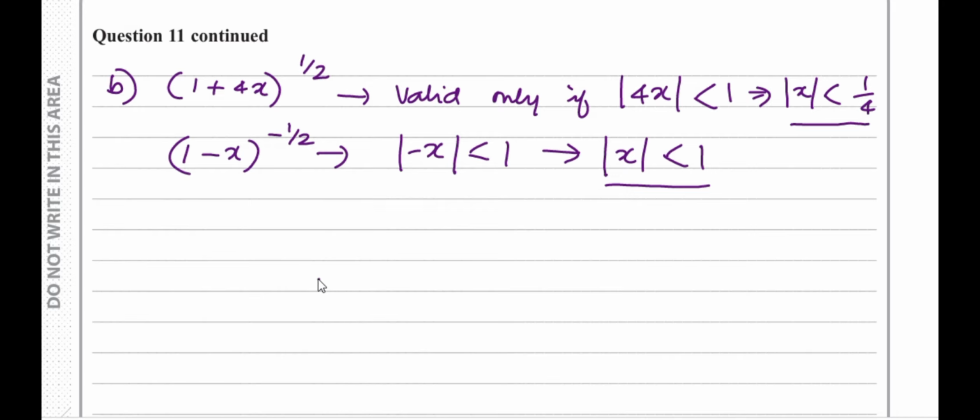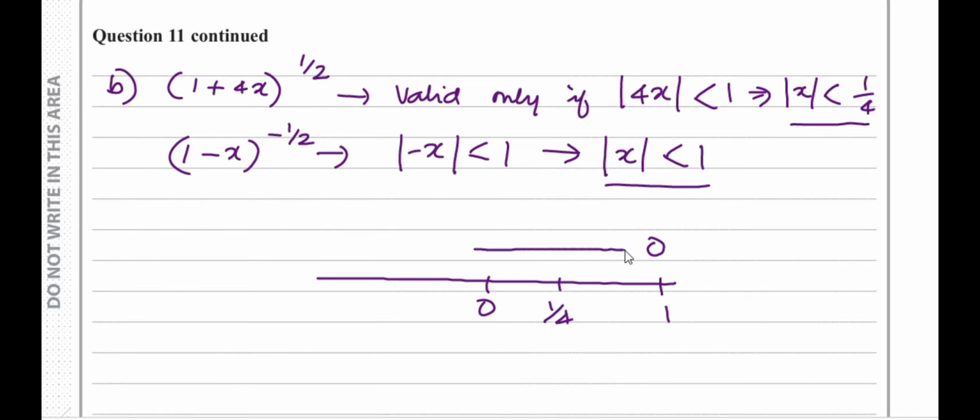So let's draw the number line. Okay, suppose this is 0 here, and this is 1/4, and this is 1 approximately. Okay, so as per this second condition, modulus of x should be less than 1. And as per the first condition, modulus of x should be less than 1/4. So I'll draw here, right?